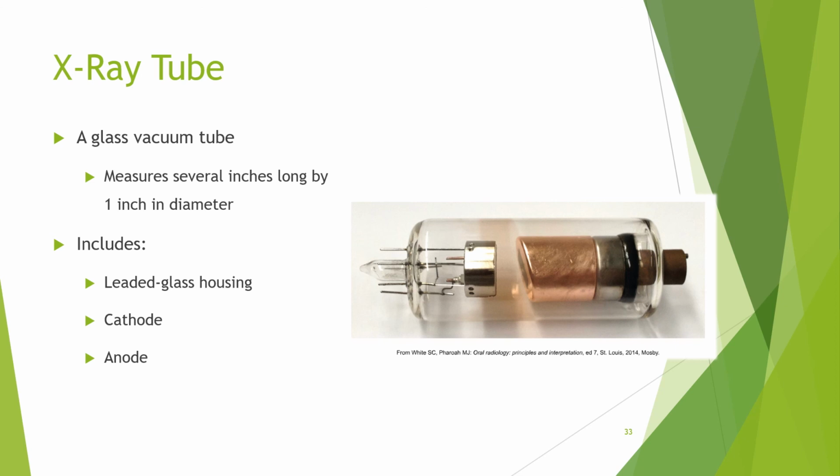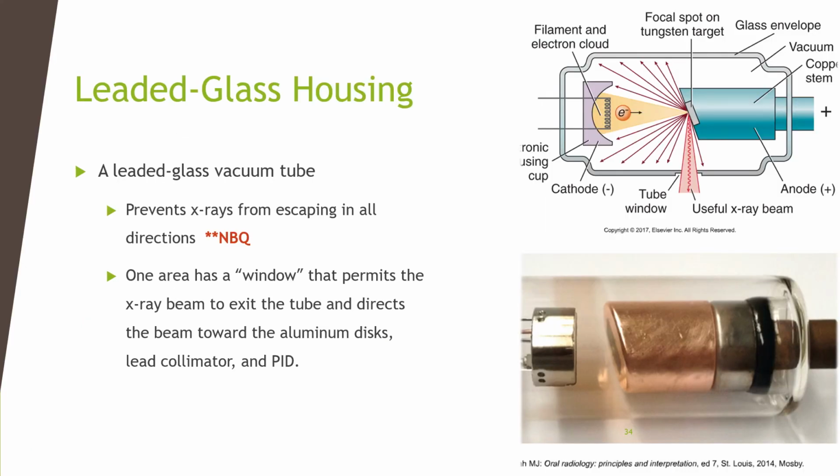It includes the leaded glass housing, what we can see through right there, the cathode, and the anode. So that leaded glass housing, that is the glass that you're looking at right there. Because it's clear, it looks like maybe it's not leaded, but it's actually only a little tiny window where the X-rays are able to escape.